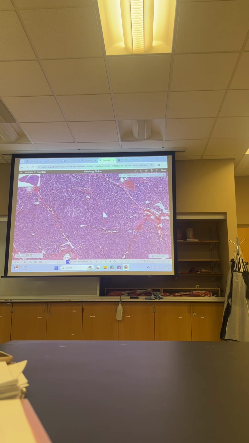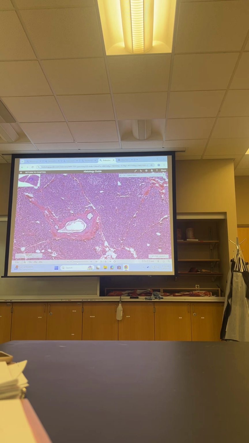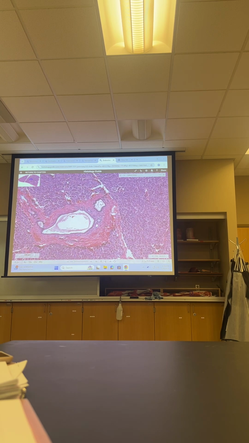So let me zoom back just so you can see it a little better. See this lighter region, pancreatic islet, that's the endocrine that secretes insulin and glucagon. All the darker cells around it, basically everywhere else, are acinar cells, and they secrete enzymes. And then it also wants you to find some ducts.